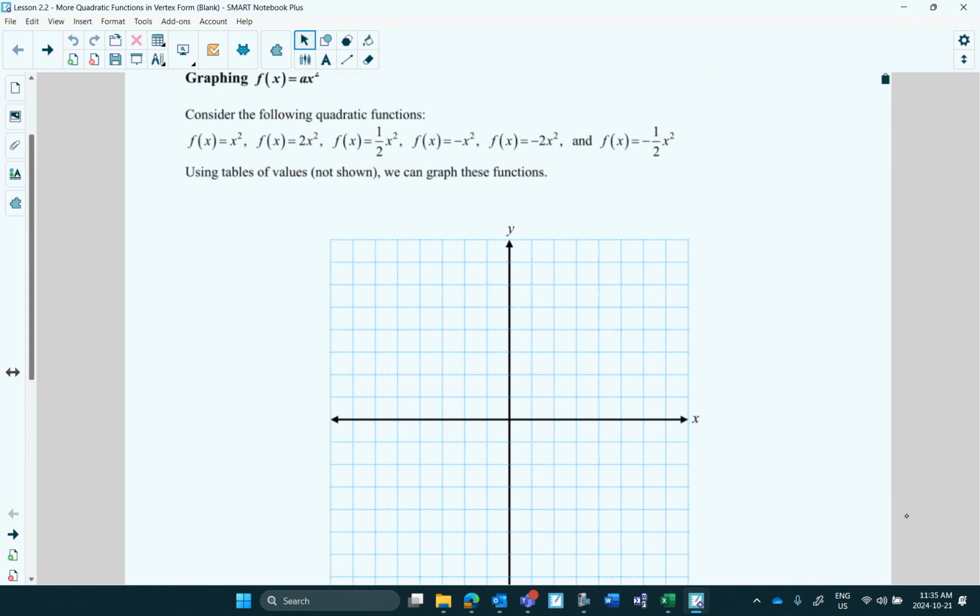So we've talked about, well, first of all, how do I graph this? You should know how to graph that without a table of values. Where do I start? 0, 0. That is called the vertex. Now what?